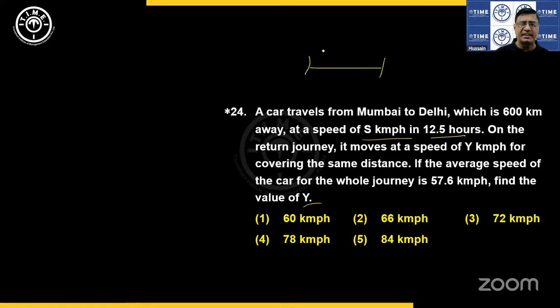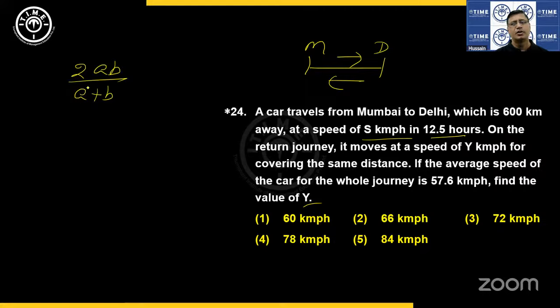Distance from Mumbai to Delhi and Delhi to Mumbai is the same, 600 kilometers. Distance is covered on either side the same. Then what about the average speed? Average speed is equal to 2 into product of the speeds by sum of the speeds.